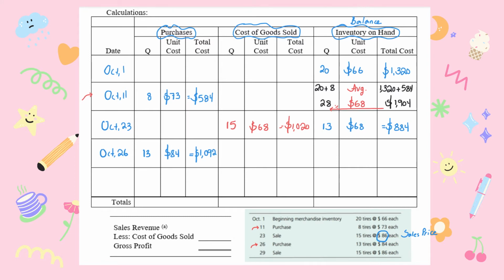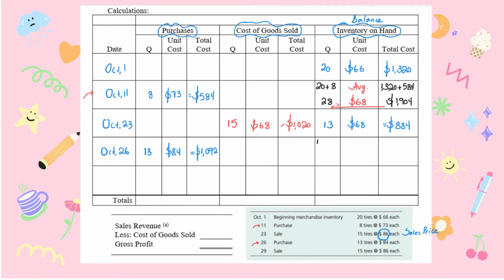Now again, under FIFO and LIFO, we used to say that we have 13 units at 68 each and 13 units at 84 each. But under weighted average method, we cannot do that. I need to find the average unit cost.